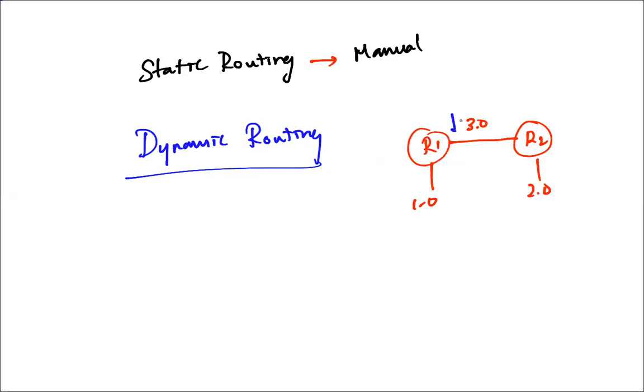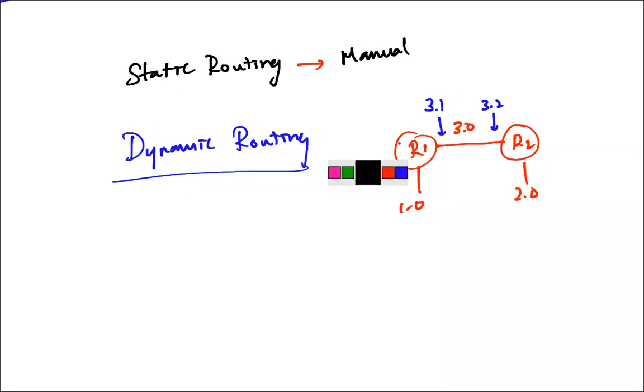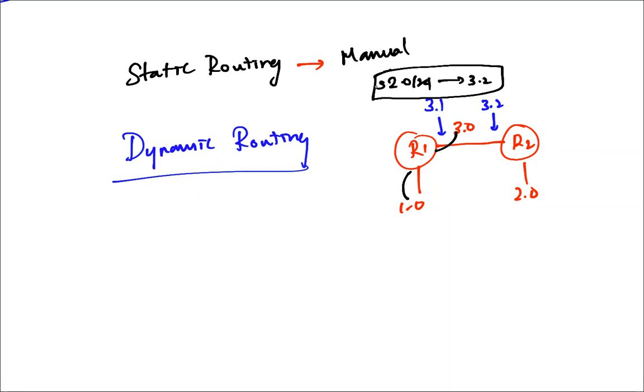Here we have 3.1, here we have 3.2. Assume these are the two interfaces. Now we go and configure static routing. It's very simple. This router knows about 1.0 and 3.0. On this router one, we say the 2.0/24 network, with the mask, can be reached via 3.2. So we simply create a static route here.